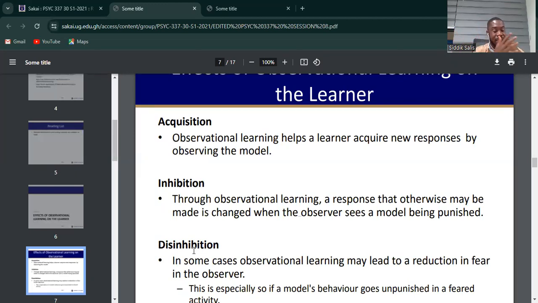But exhibition is on its own. With exhibition, you've acquired a behavior and you are showing it. You didn't inhibit it in the first place. Disinhibition is the one that you've hidden in you, you've buried it. For example, Shatawale was arrested because he showed a gun in public.